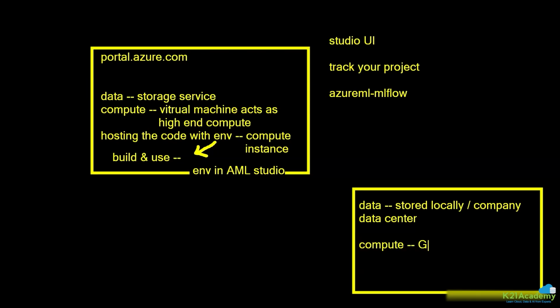I've built a GPU compute locally, or maybe in a company's data center. Again, for hosting the code, I have another application system, just hosting the code with the required environment, not running the training. Here I'm going to run the training jobs.